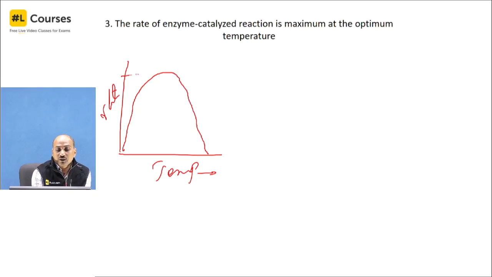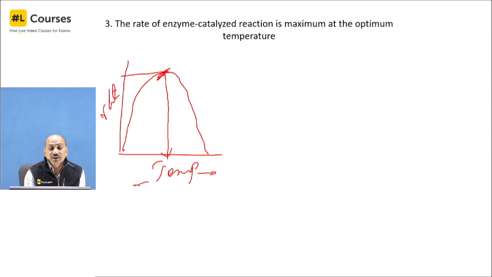This is what we call the maximum efficiency of the enzyme. Our enzymes are effective at a particular temperature. At this particular temperature, the enzyme shows maximum activity. Below it, they show activity but not the optimum, and above the temperature they also show activity but in decreasing order. So this indicates they are very, very specific for temperature.